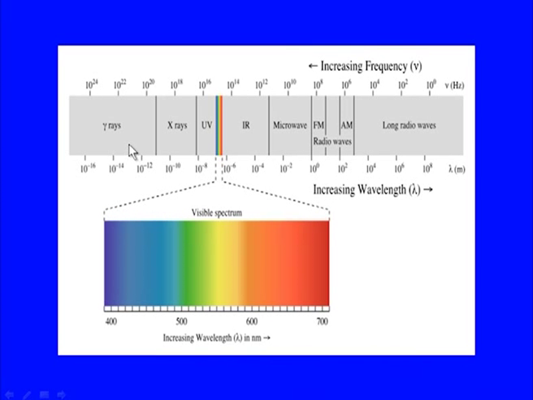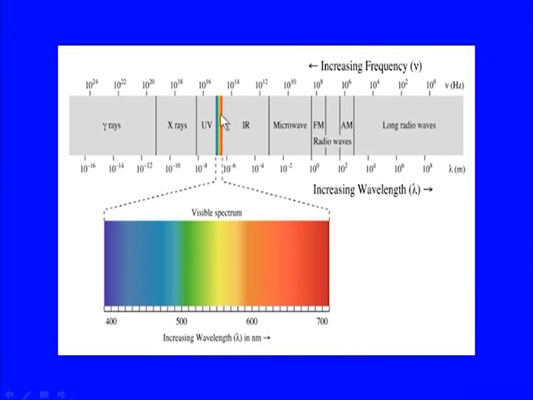There are gamma rays at very high frequency, then X rays, then next in the electromagnetic spectrum is UV, that is ultraviolet rays.